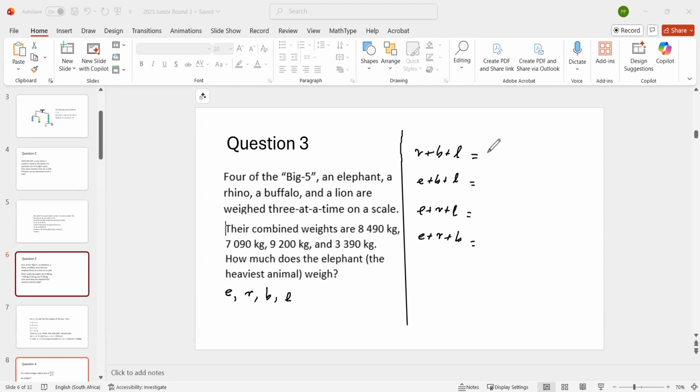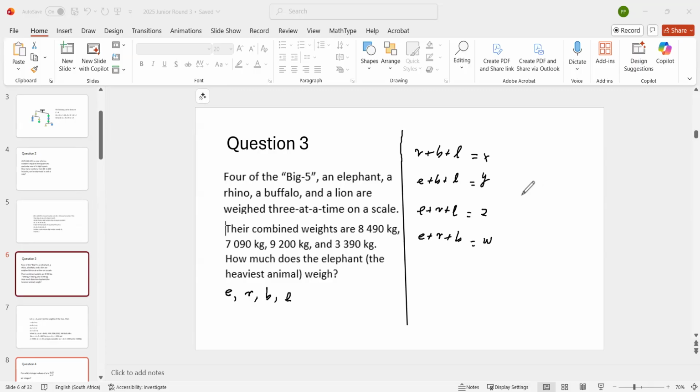So let's just call them X, Y, Z, and W. I can't say that one of these is 8490, the other one is 7090. I don't know which is which.